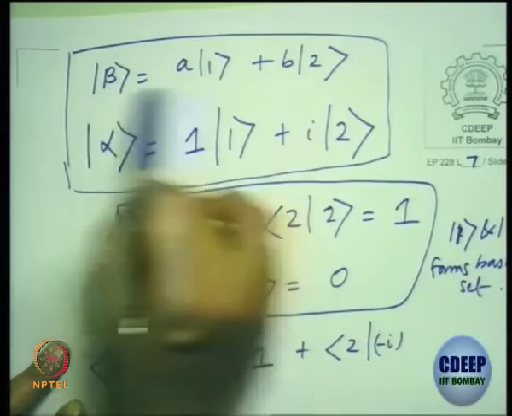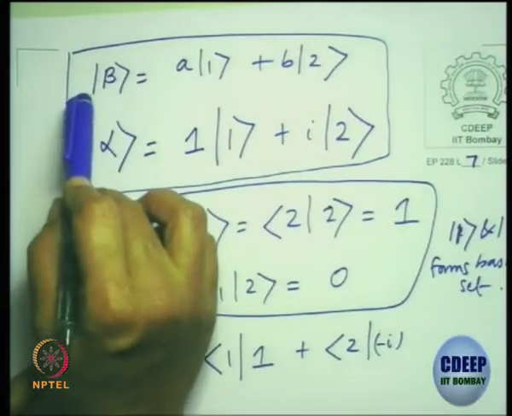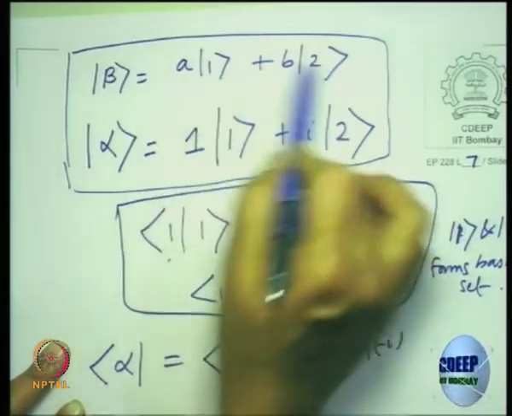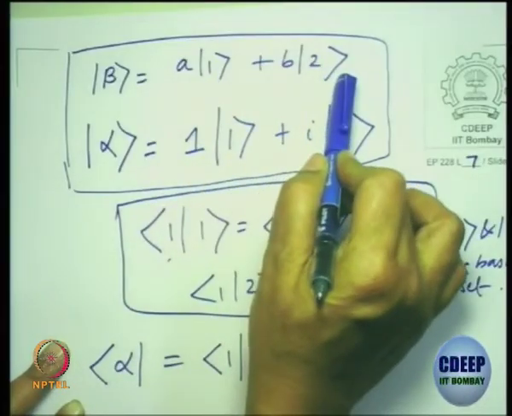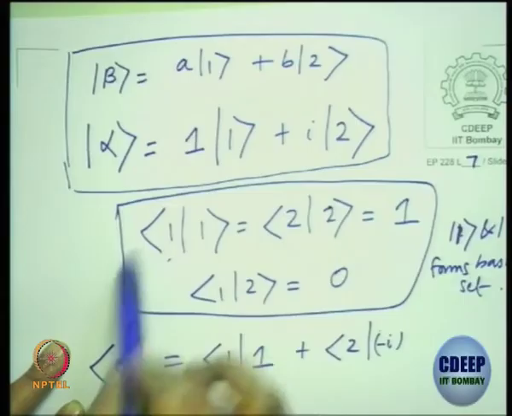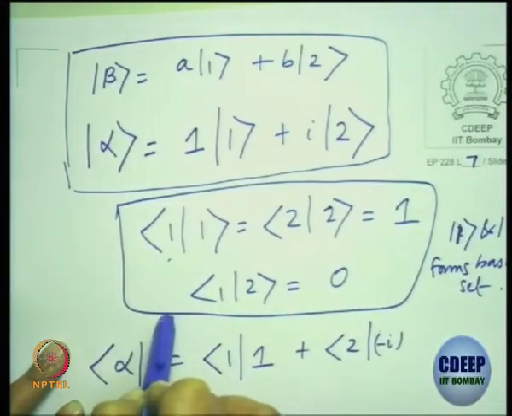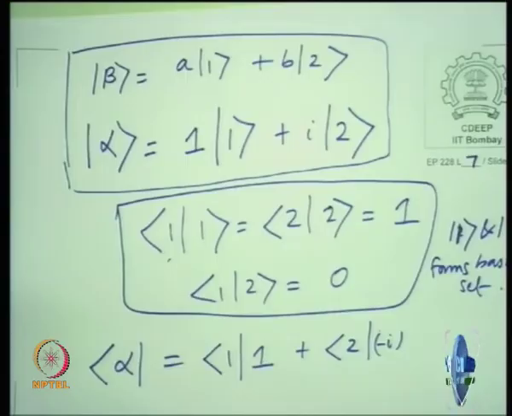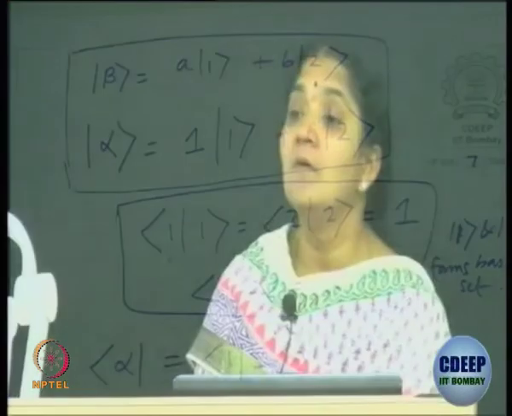And since it spans, any arbitrary state can be spanned by using these two states, and it is satisfying this property, linear independence and spanning the space. So this |1⟩ and |2⟩ form the basis set. So what is the dimensionality of the vector space? 2.